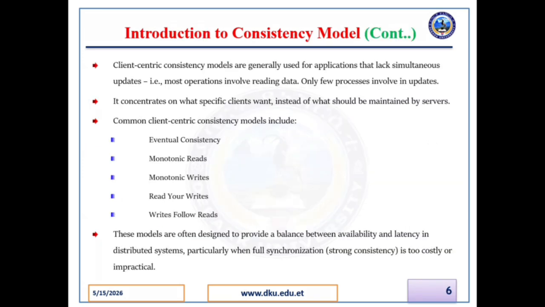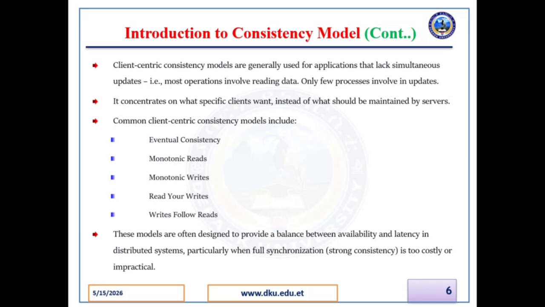They are generally used for applications that lack simultaneous updates. That means most operations involve reading data, and only a few processes are involved in updates. It concentrates on what specific clients want instead of what should be maintained by servers.